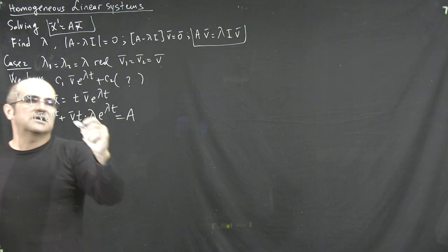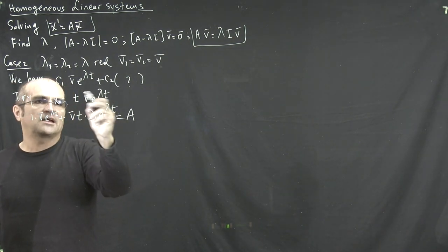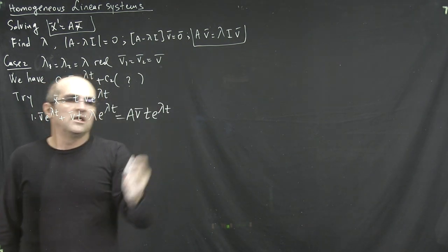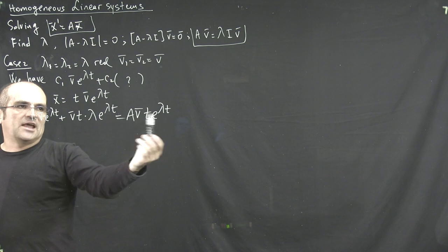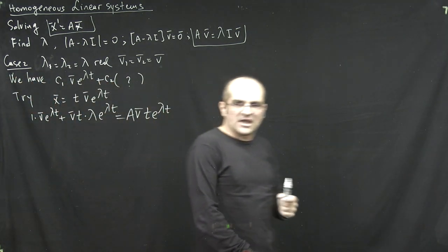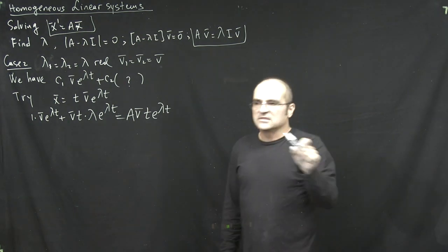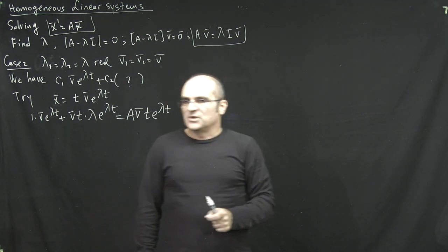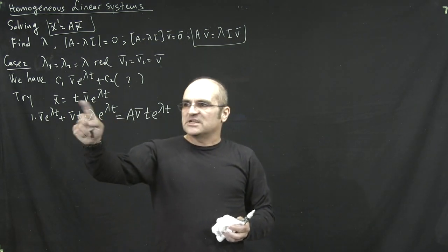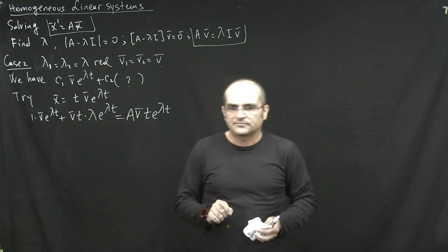Let's switch these, because you can put the scalar inside if you want to, so A v bar t e to the lambda t. You could interchange the scalar with the matrices. That's commutative, because in general the multiplication of matrices is not commutative, but the scalar can be switched from one position to another. So this is what happens if I plug in just the previous solution times t.